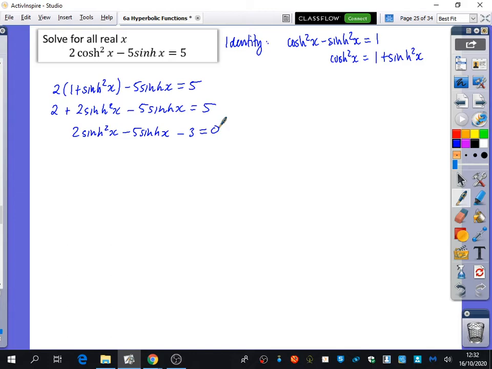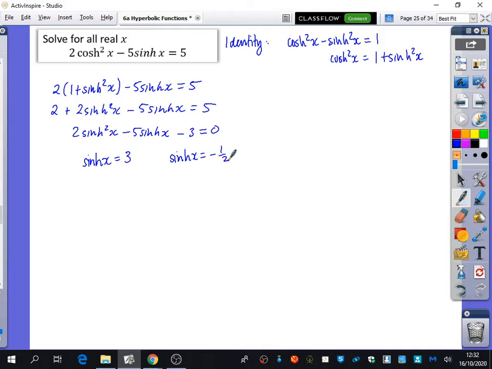So we'll go to our quadratic, where we have 2, minus 5 and minus 3. And this gives me that either sine x equals 3 or sine x equals minus a half. Did everyone else get that?